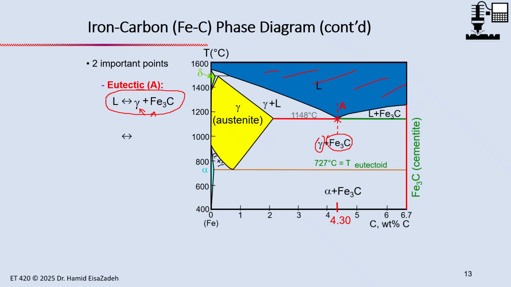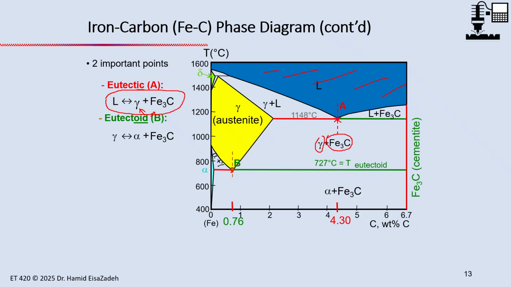The next one is very important. Here we have the eutectoid point, which happens at this point. It's called the eutectoid point. In the eutectoid, we start with one solid material. Look, in this area we don't have any liquid.